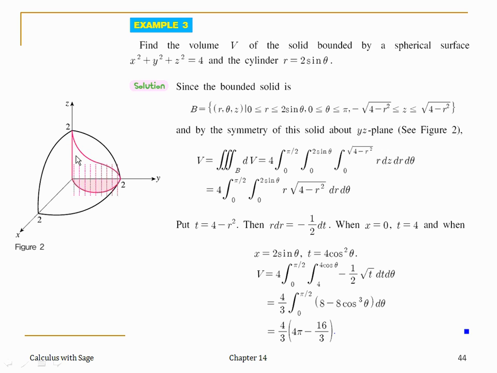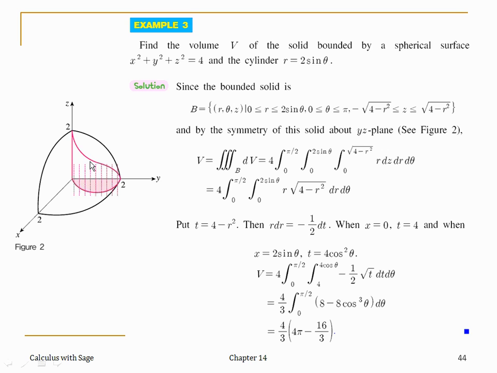That's what we need. In order to find the volume of this one, we integrate from 0 to pi over 2, and z should be between 0 and the square root of 4 minus r squared. So clearly, the volume can be obtained as 4 times this object.